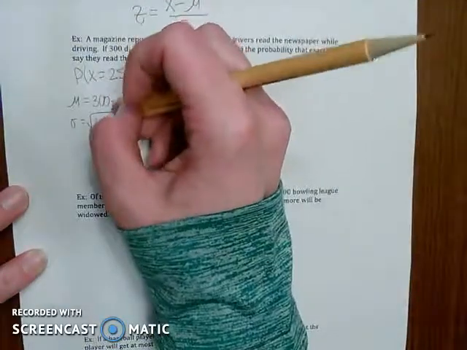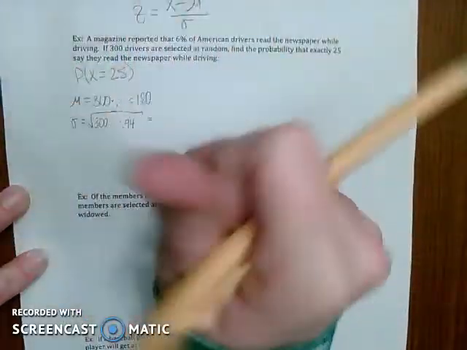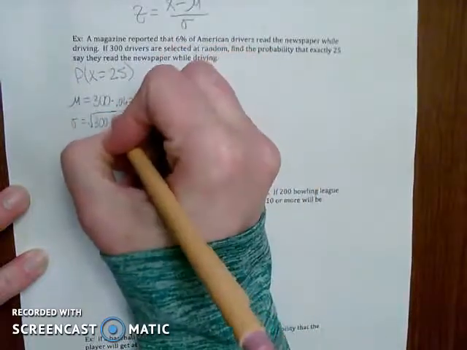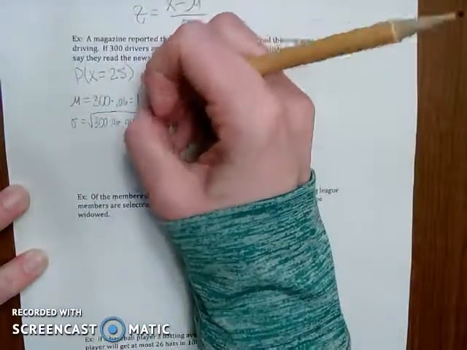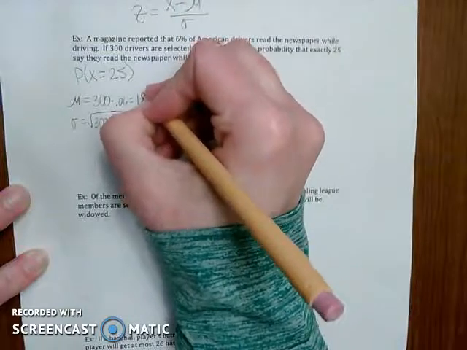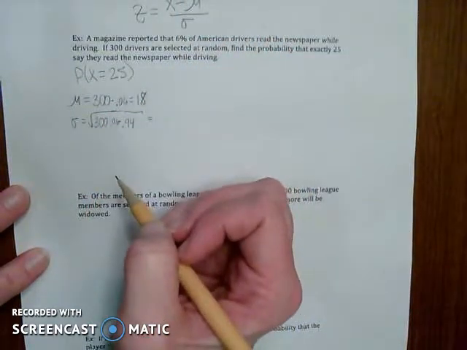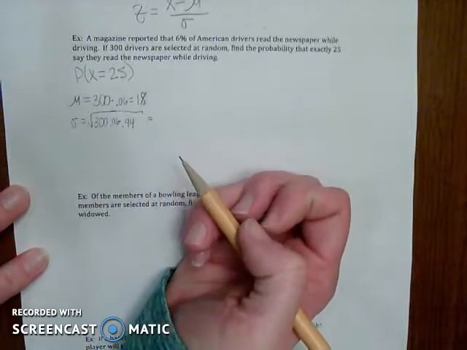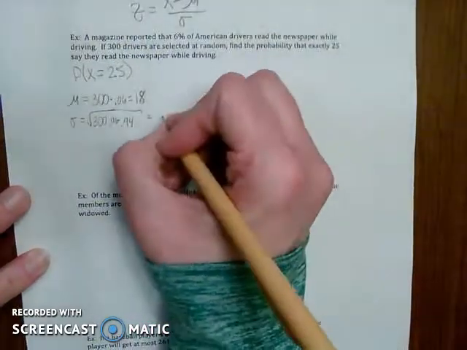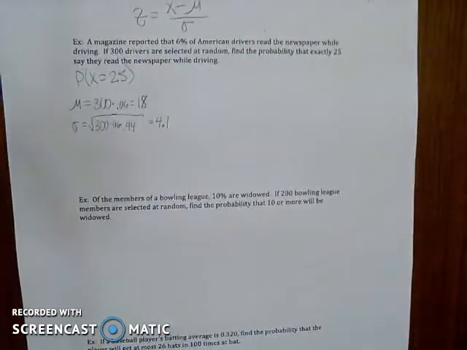Sorry, I just did 60% instead of 6%. 18 makes a lot more sense than 180. So again, this means we expect 18 of our 300 people to say yes, that they read the newspaper while they're driving. And the standard deviation is 4.1.